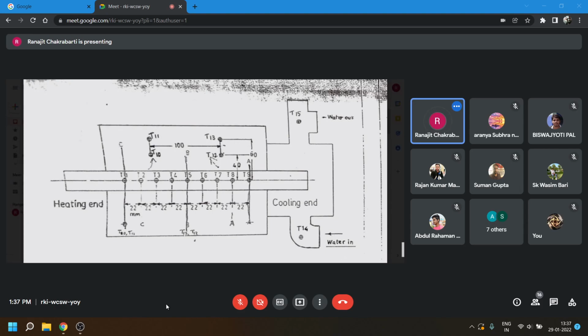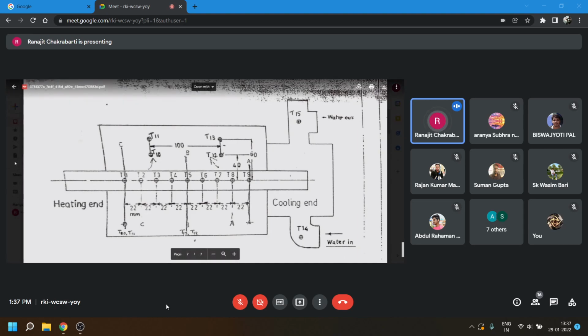When we are recording, it is not that we just start the experiment and then we record. When there was no heating and no cooling, the temperature was the same everywhere.